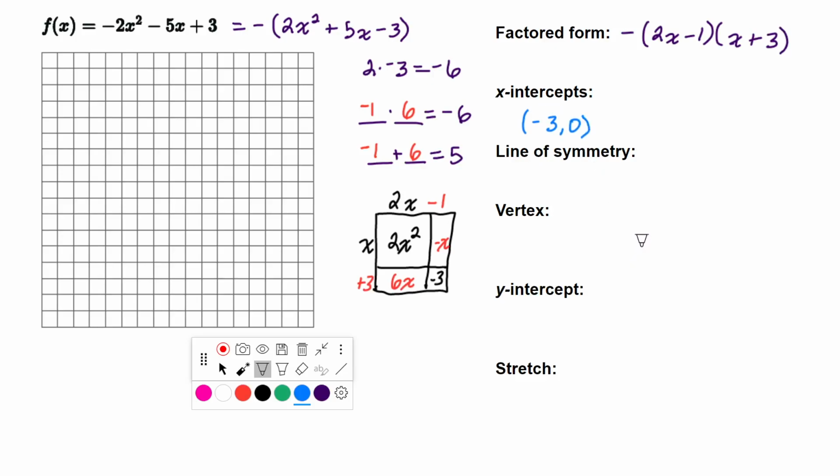To find the other x-intercept, I'm going to have to set 2x minus 1 equal to 0 and solve for x. So I'm adding 1. So we have 2x equals 1 and divide by 2. So we have an x-intercept of 1/2 or 0.5.